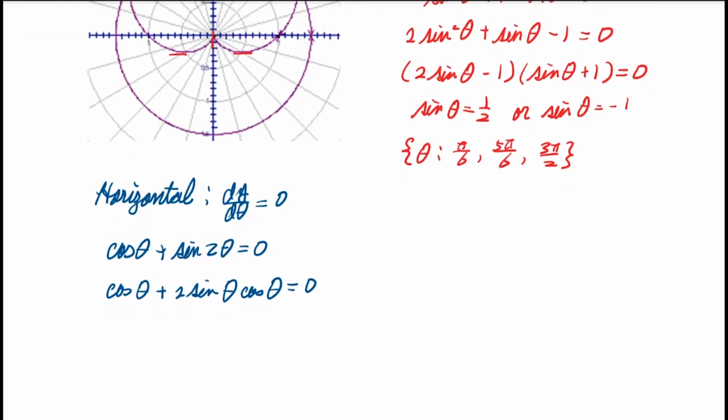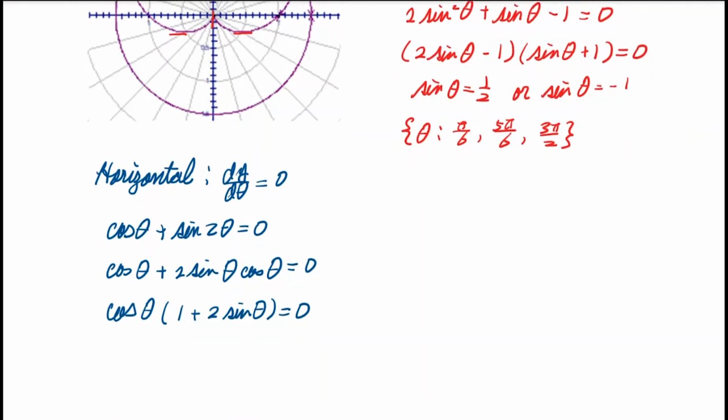Then factor, so we have cosine theta here, and then 1 plus 2 sine theta is equal to 0. Good. Okay, that means cosine theta is equal to 0, or sine theta is equal to -1/2.